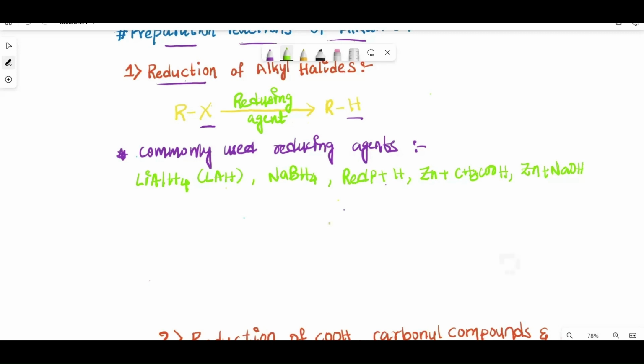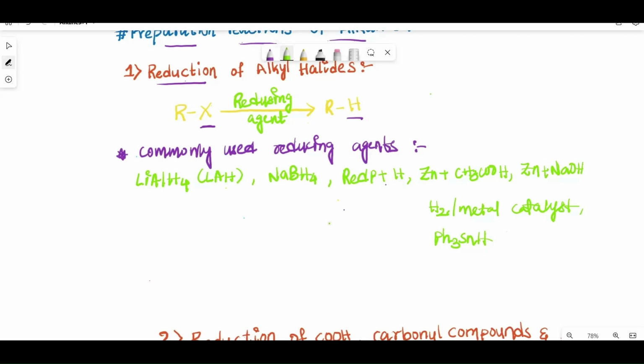Or we can use this H2 hydrogen with metal catalyst. And one more thing is Ph3SnH, triphenyl tin hydride.